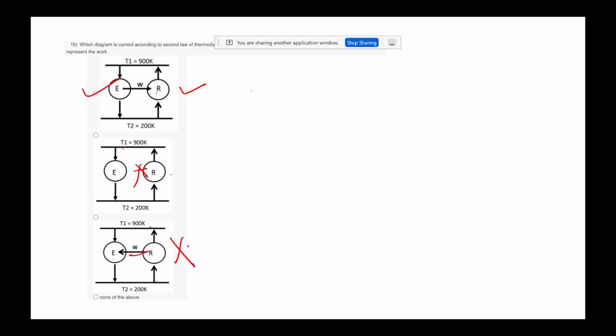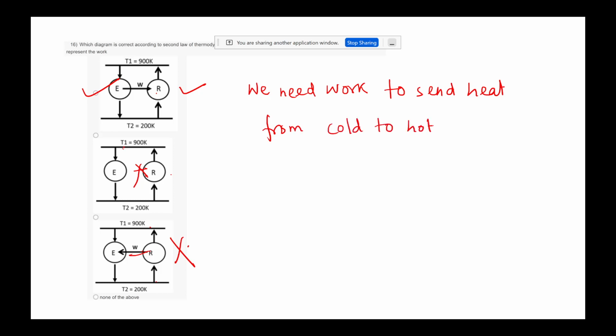Yes, so we need work to send heat from the cold to the hot reservoir.